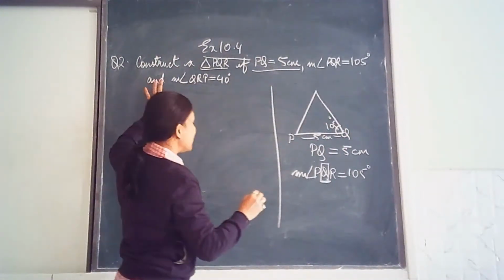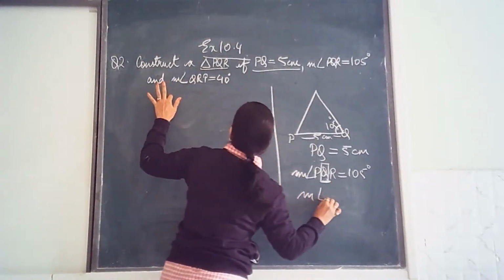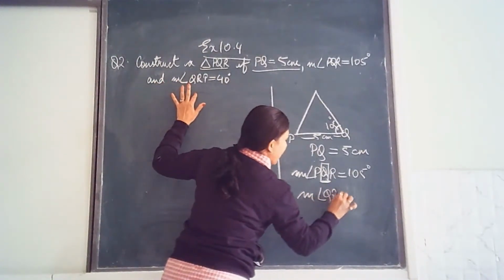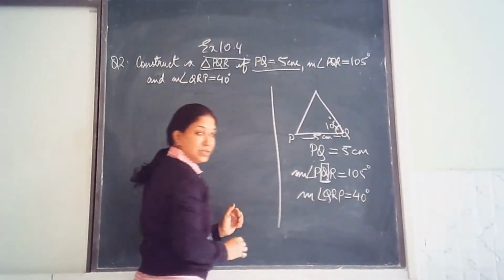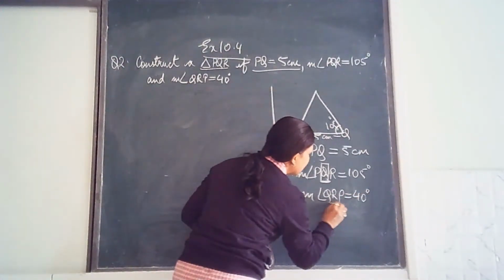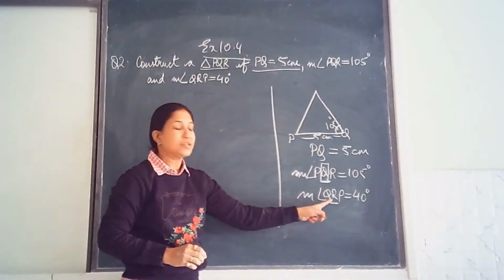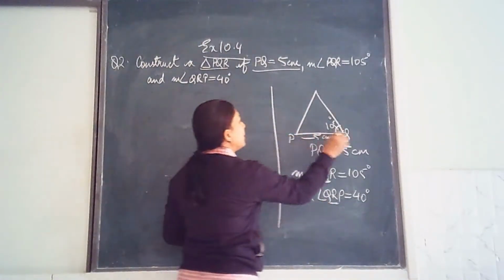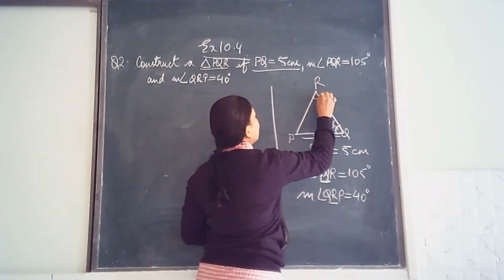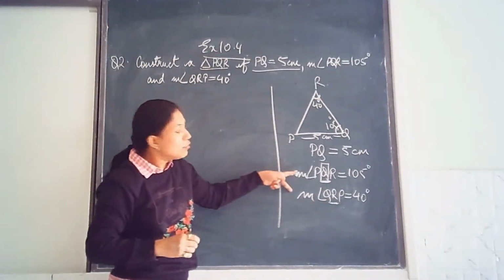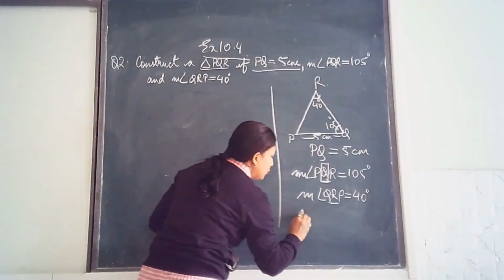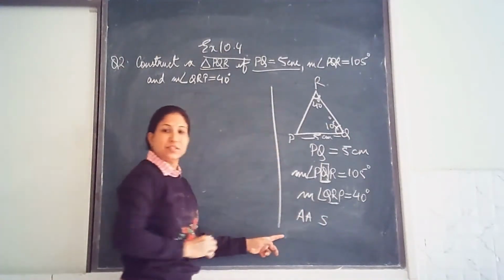The next information is measurement of angle QRP is 40 degrees. So QRP means angle will be formed at R. So this is PQ and this is your R. This is 40 degrees. So two angles and one side are given.